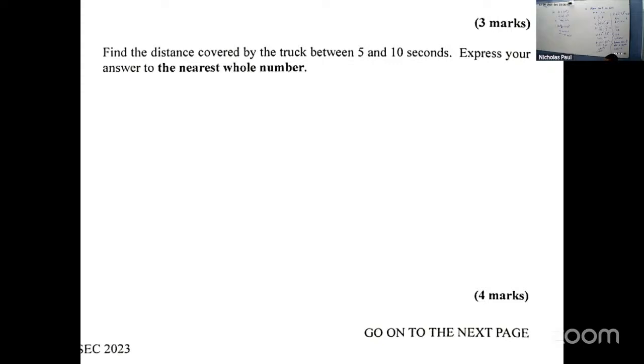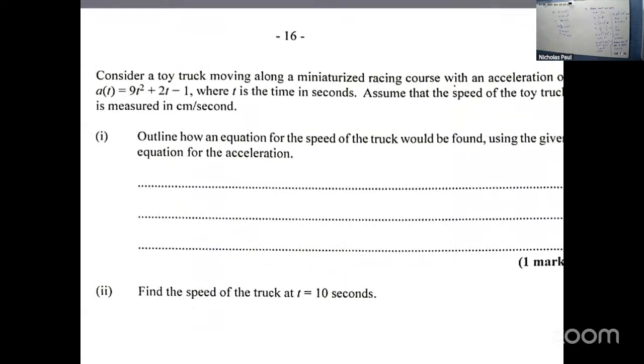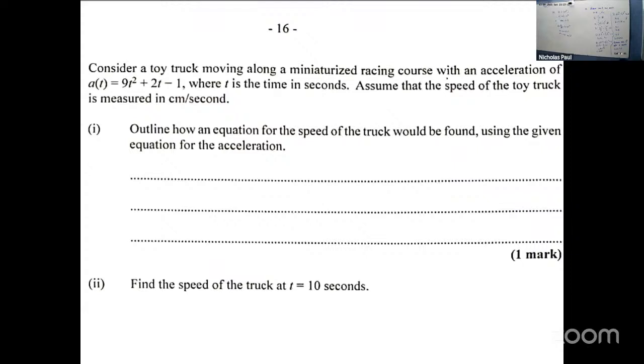It'll be really easy when they give you limits because you're just plugging in those two values, right?